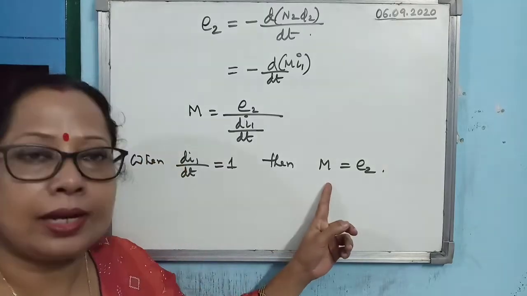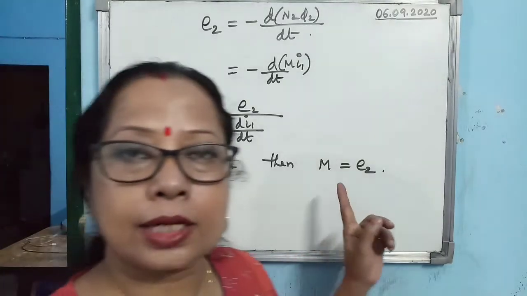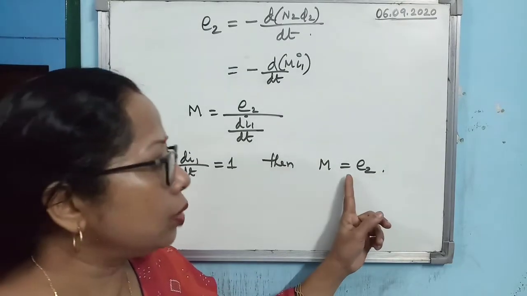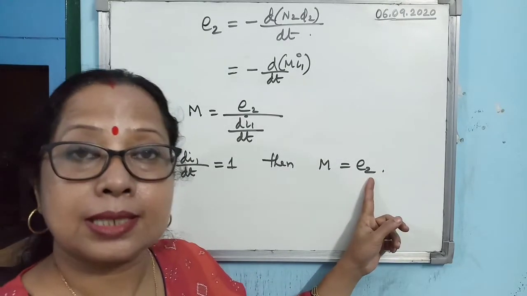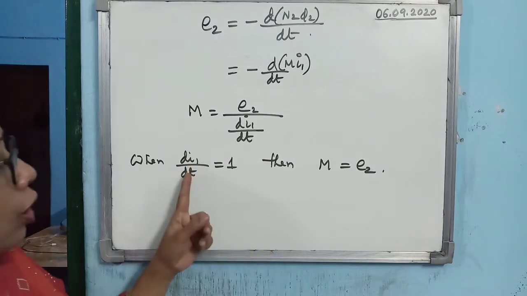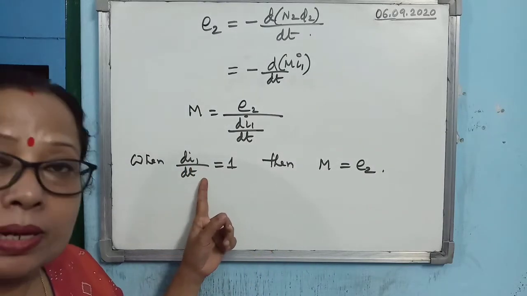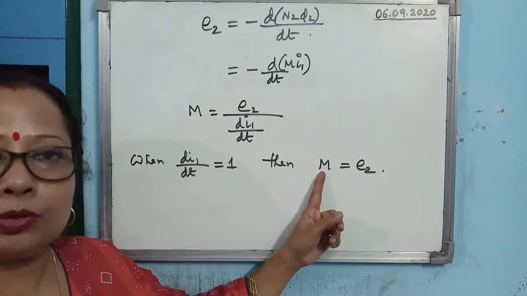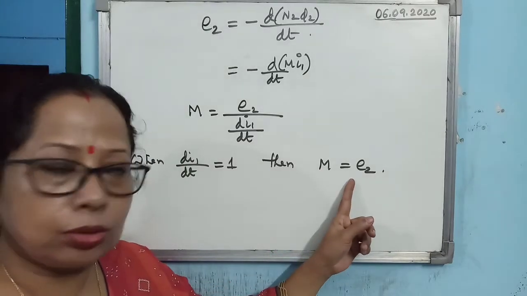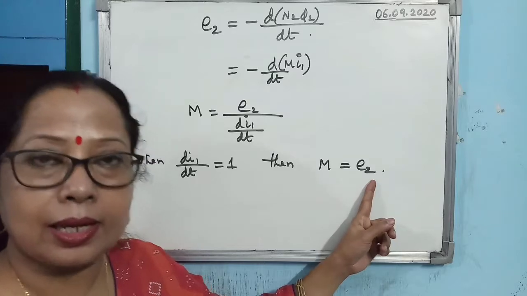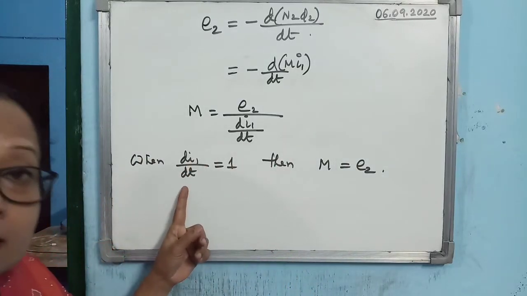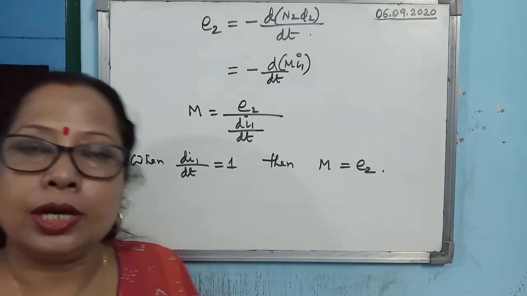So how you can define coefficient of mutual induction or mutual inductance? Coefficient of mutual induction is equal to EMF induced in the secondary when rate of change of current in the primary is unity. Alright, I repeat. Coefficient of mutual induction is equal to EMF induced in the secondary when the rate of change of current in the primary is equal to unity.